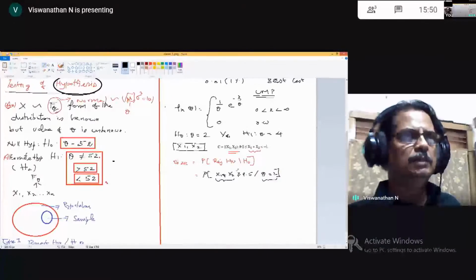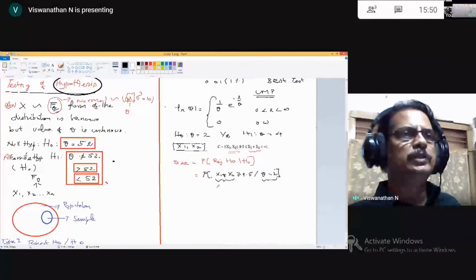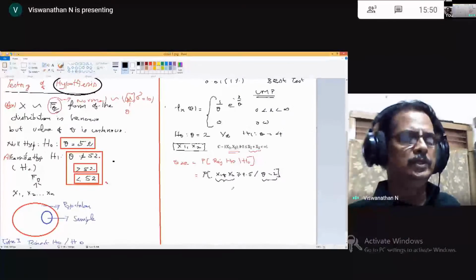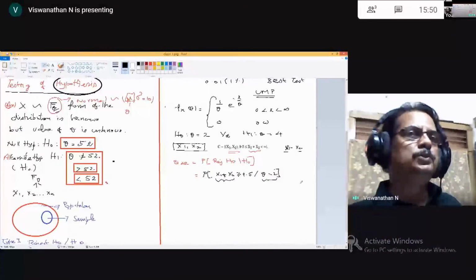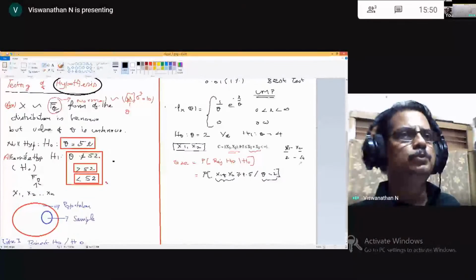We had a similar structure, x1 plus x2, so you can use a dummy transformation, x1 minus x2, and get y1 and y2. But the problem here is x1 plus x2 is positive because x1, x2 are positive, while x1 minus x2 as a dummy transformation can become negative, since the difference of 2 positives need not be positive. 2 minus 4, both are positive, but the difference is negative.